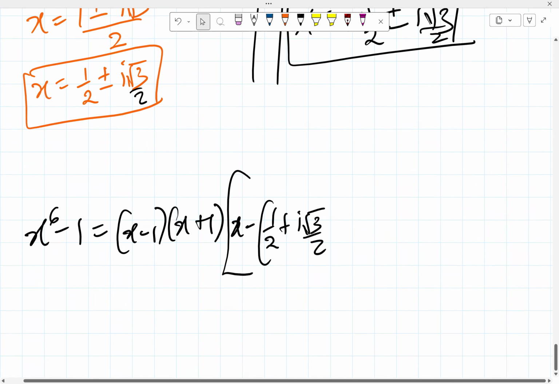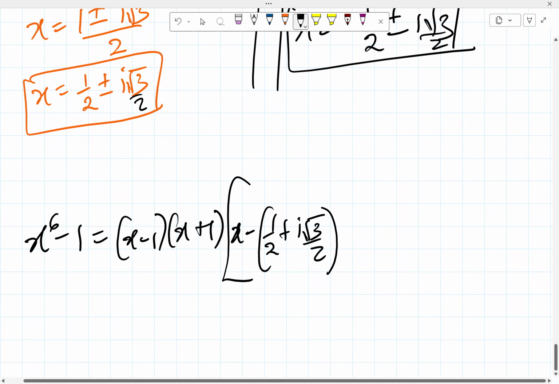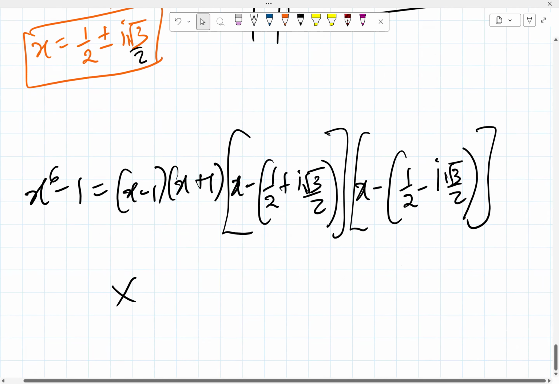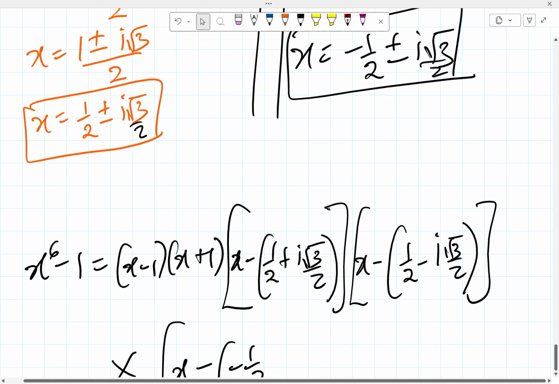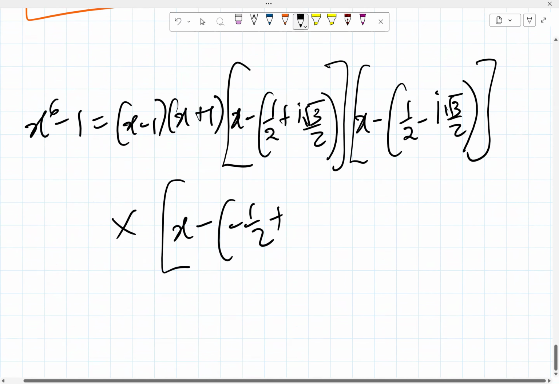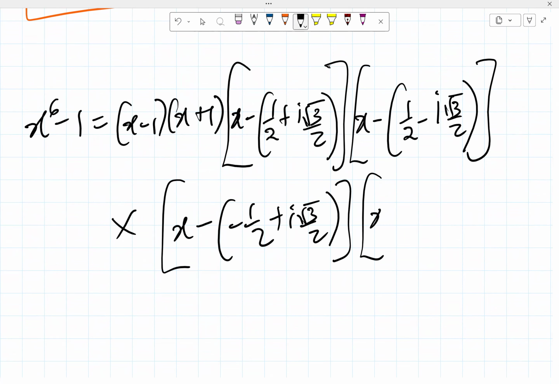So x minus this, into x minus 1 over 2 minus i root 3 over 2, times, we still continue, x minus minus 1 over 2 plus i root 3 over 2, into x minus minus 1 over 2 minus i root 3 over 2.